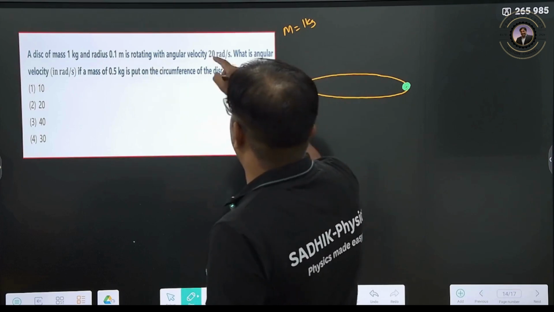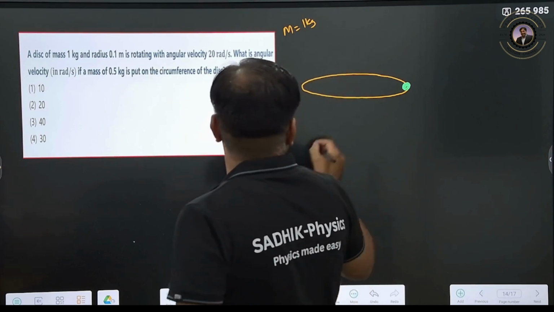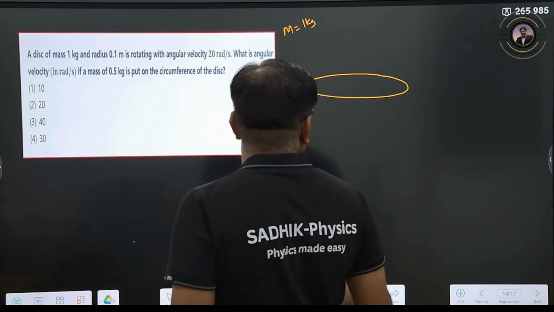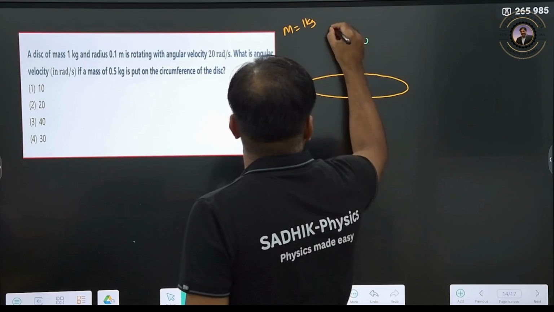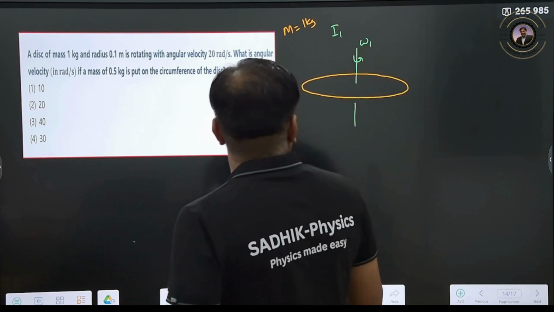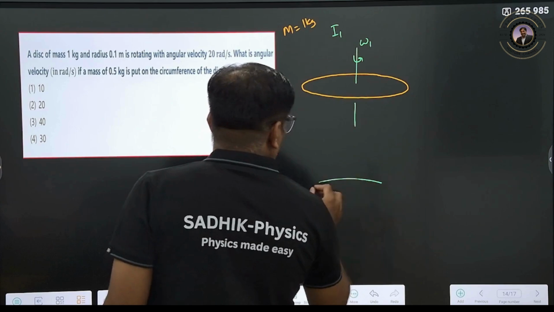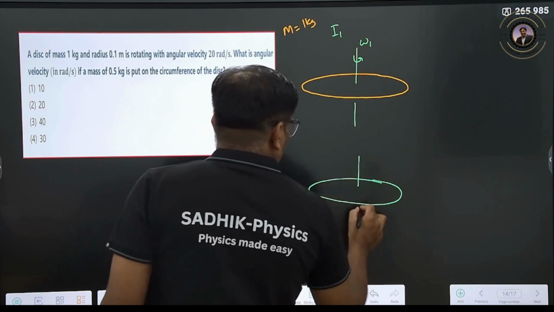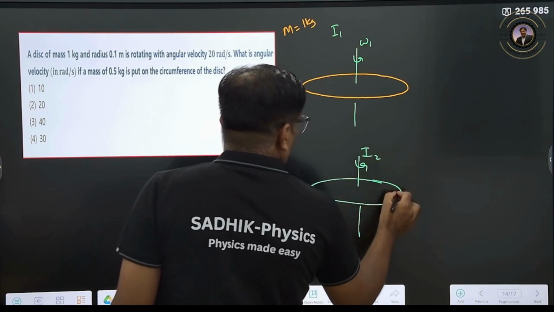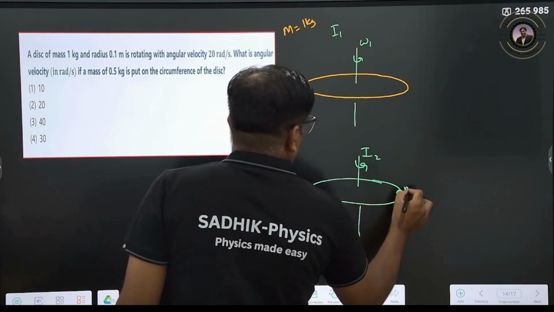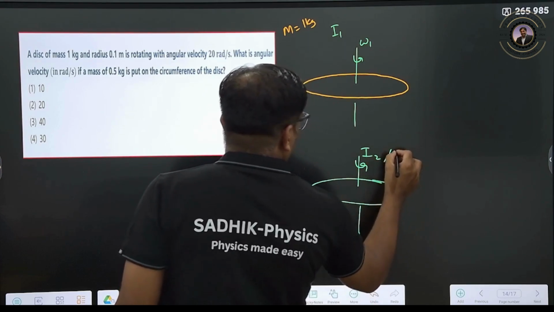Initially it was rotating with an angular velocity, having I 1 omega 1. Later on we keep one mass on it, so this is your I 2, and due to this we get omega 2.